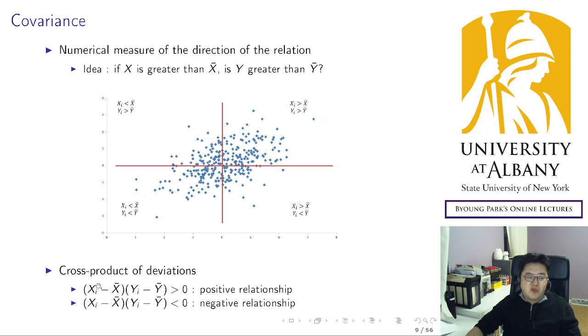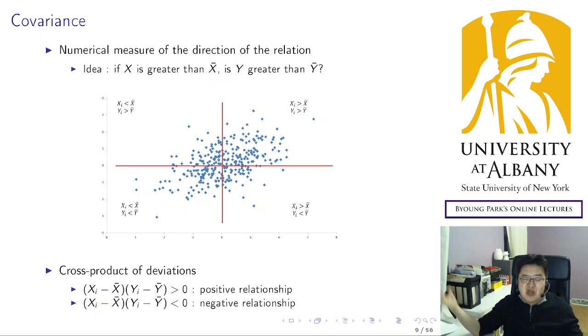For each point, you can calculate the deviation in x and the deviation in y from the center, and then multiply them. There will be as many products of deviations as the number of observations.